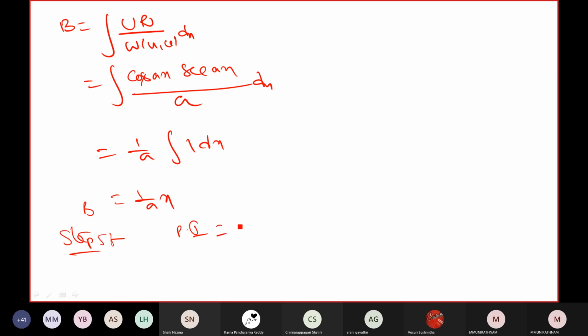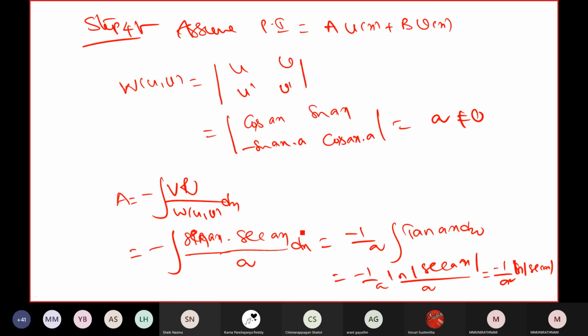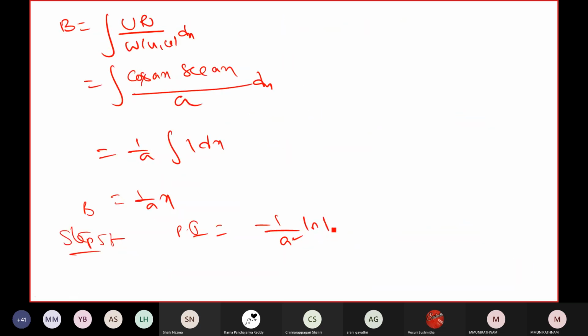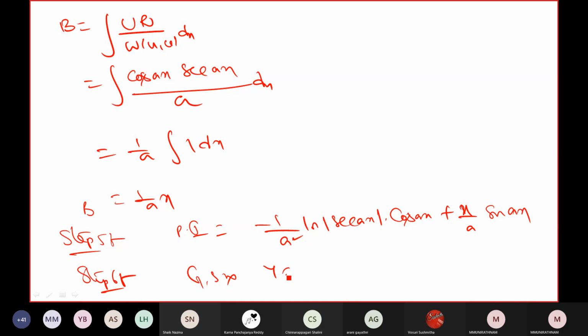PI is minus 1 by a square ln mod secant ax into cos ax plus x by a into sin ax. This is my PI. Step 6. The general solution is y equal to CF plus PI. Any doubts, please? Any doubts?